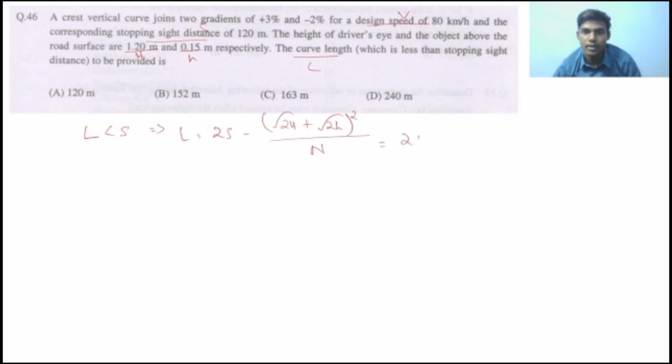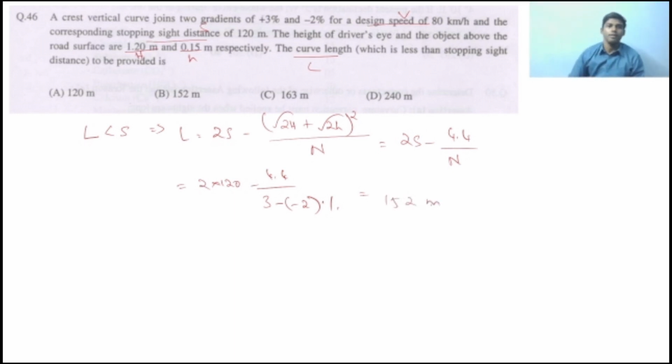After the substitutions it will be 4.4 divided by N. That is 2 into 120 minus 4.4 divided by N, where N is 3 percentage minus of minus 2 percentage, so it will be 5 percentage. Substituting, we will get the answer as 152 meter.